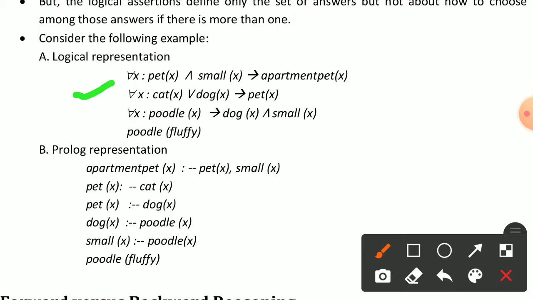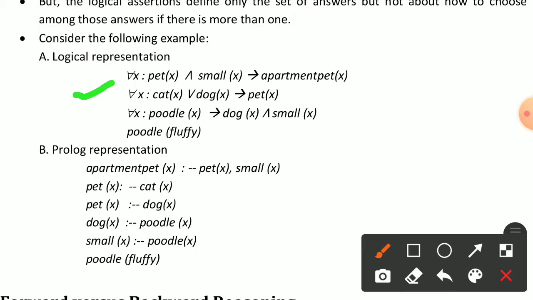We can know that in the apartment, pet animal permission is given, and they are small. So we can write that sentence like this. Now for all x, cat x or dog x implies pet x.